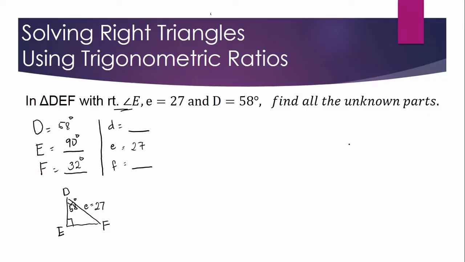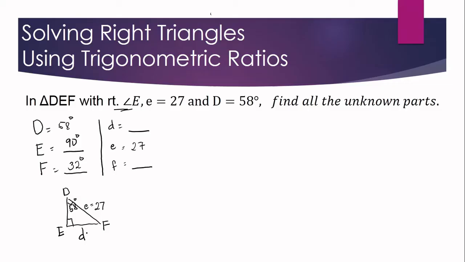Now, let us get sides D and side F. In here, we are going to get side D. So again, opposite angle D is side D. So ilagay lang natin para mas makita ninyo. So we have here side D. So what ratio we are going to use so that we can solve for side D?